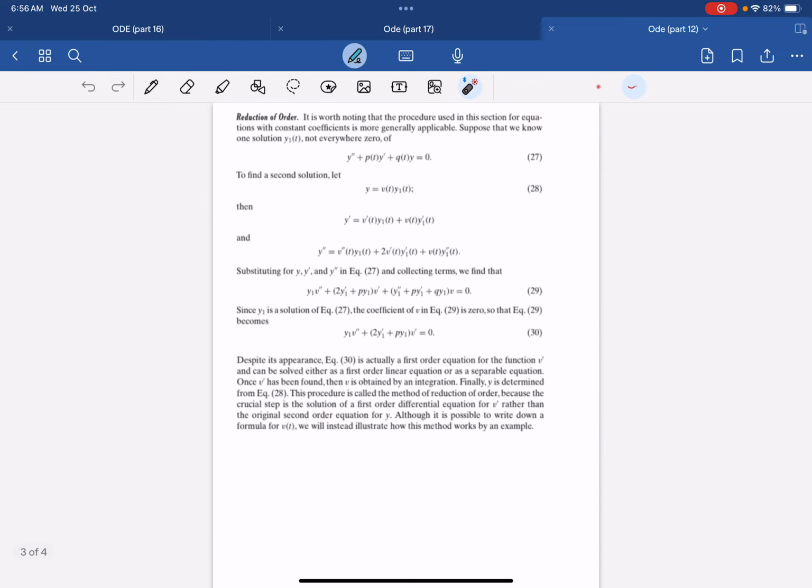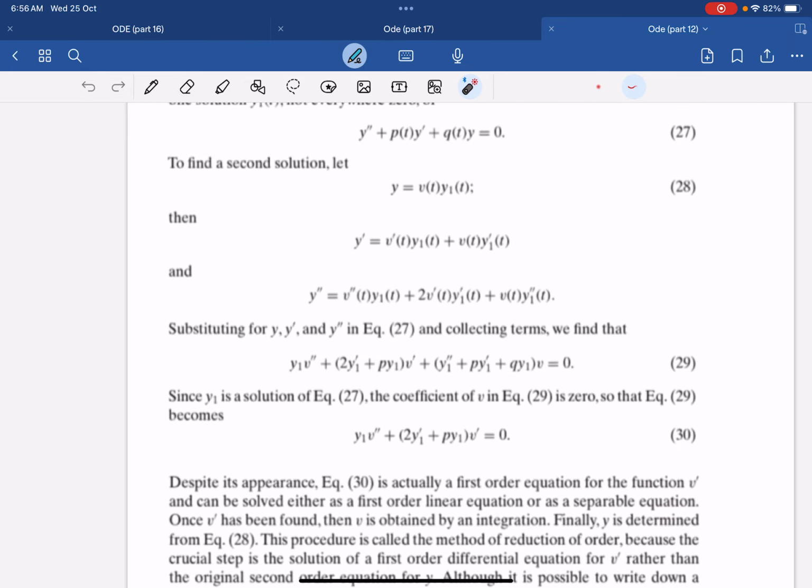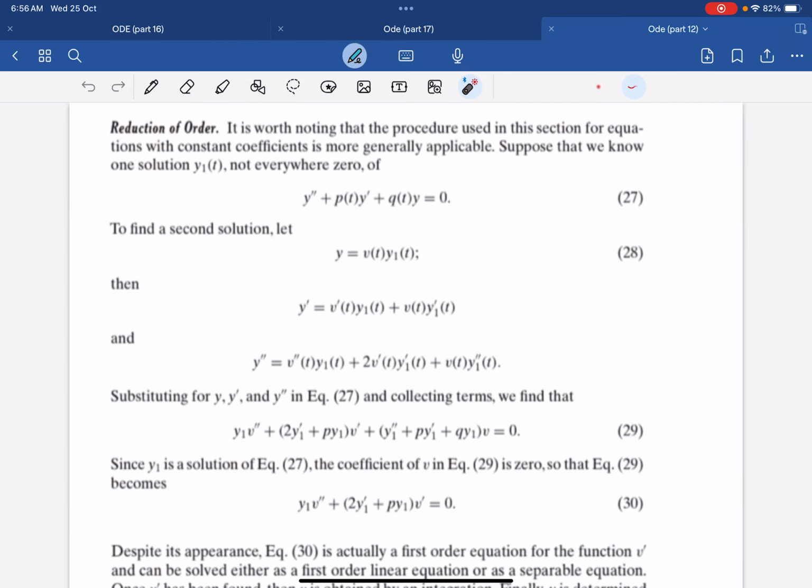So this is the first method of doing it. The next method is known as reduction of order. It is something similar, where what we want now is to turn our second order ODE into a first order ODE. How are we going to do that?